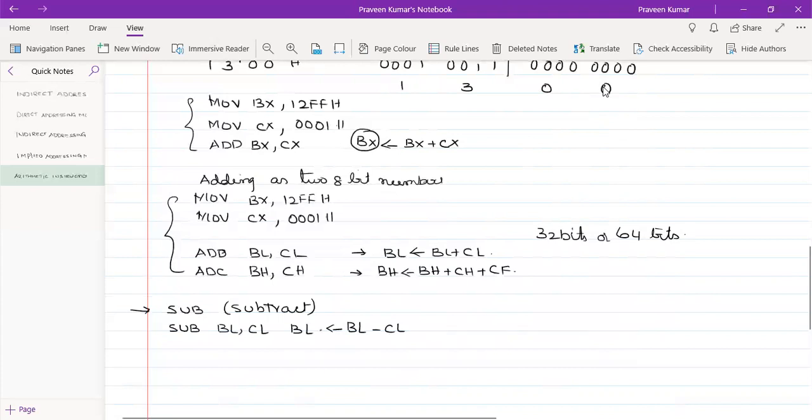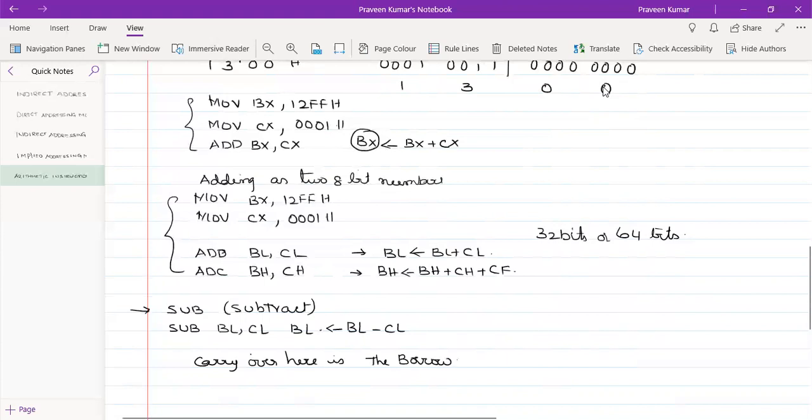So here also I will be having a carry, but the carry is not the extra bit; what I will be getting in this particular case is a borrow. As we are doing 8-bit subtraction, the result may be 8-bit, and the carry here is the borrow.